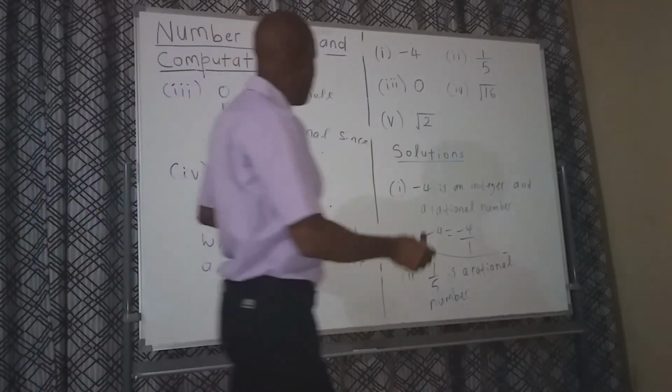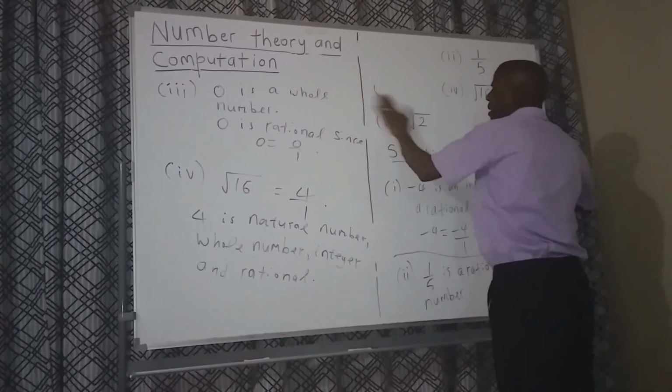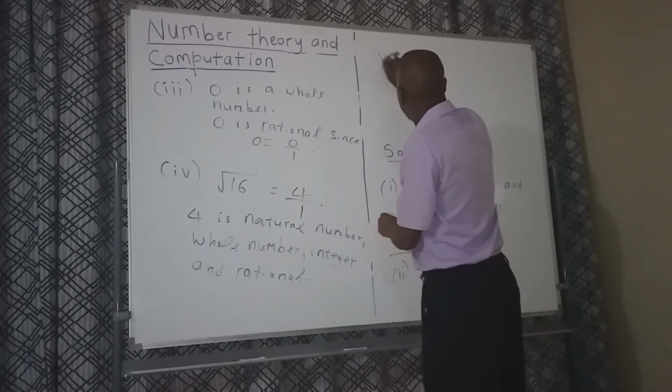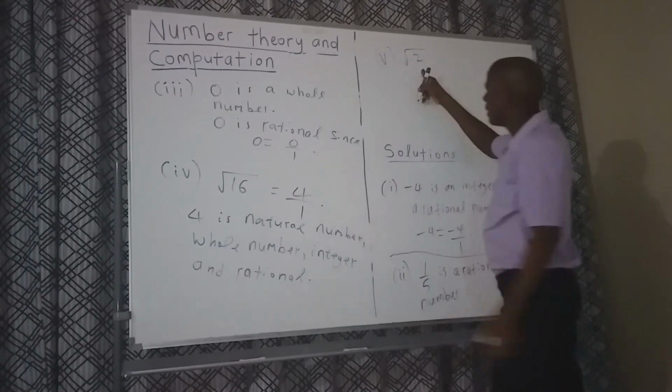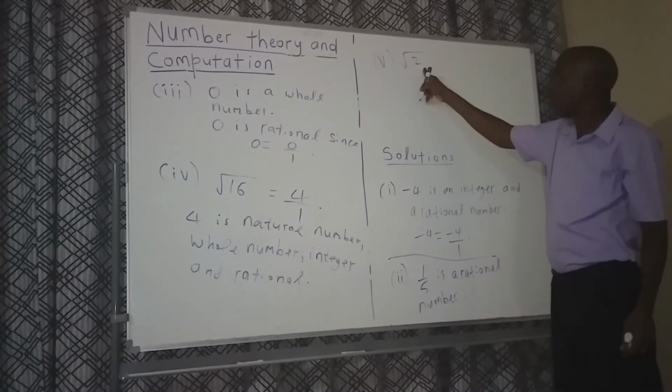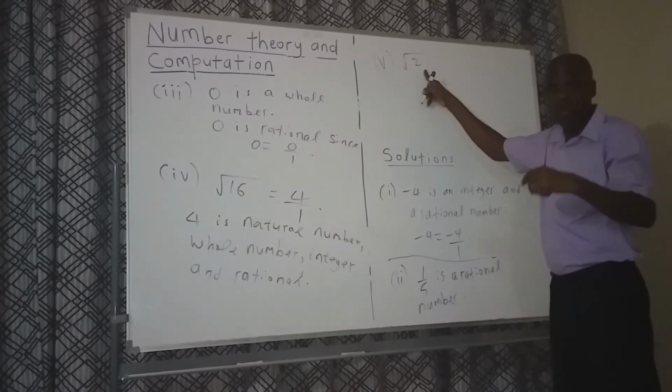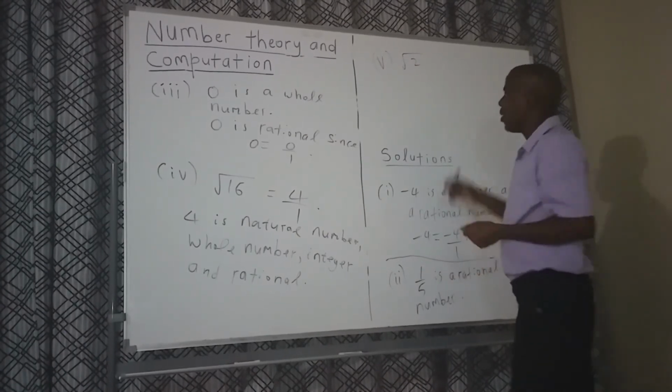Now the last example, part 5. Part 5 is the square root of 2. Is it a natural number? No. Whole number? No. Integer? No. Rational? No. It is an irrational number.